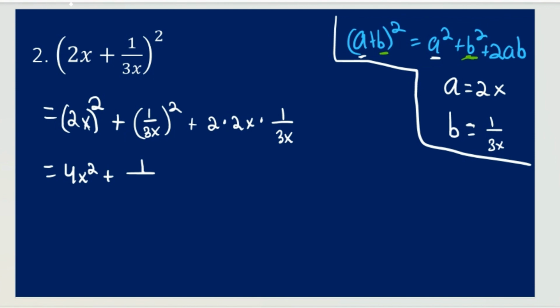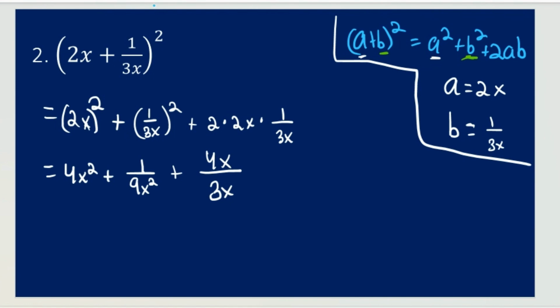So now the numerator is done. Now the denominator is 3x, so (3x) whole square, and that's going to equal 9x squared, right? Now plus 2 times 2x over 3x. So the denominator is 3x, then the numerator is 2 times 2x, and that's going to be 4x.